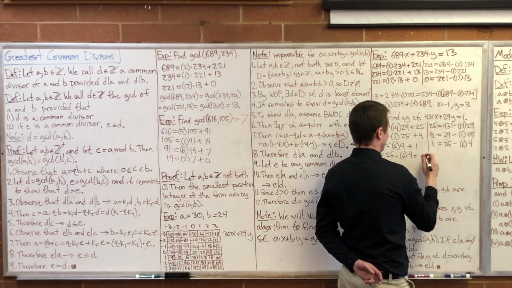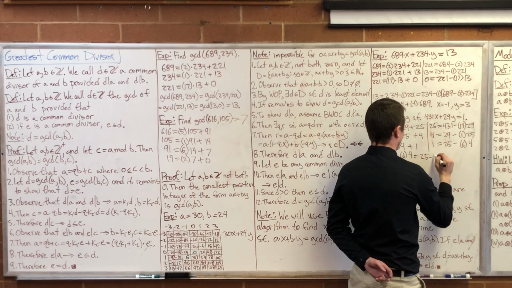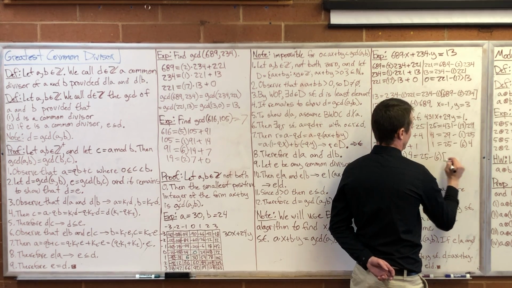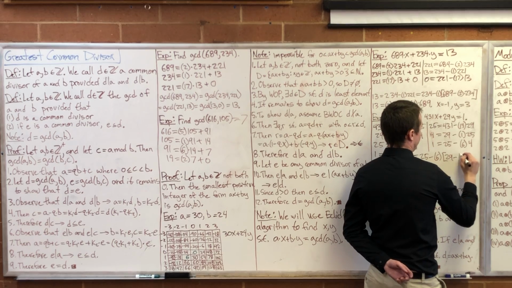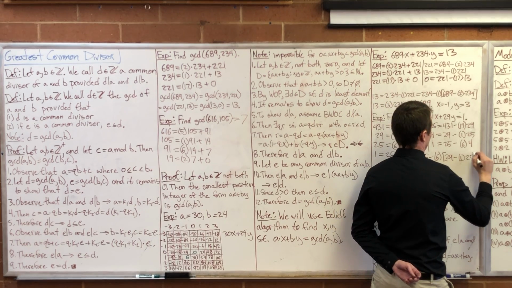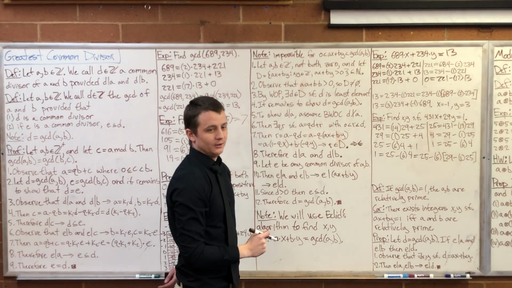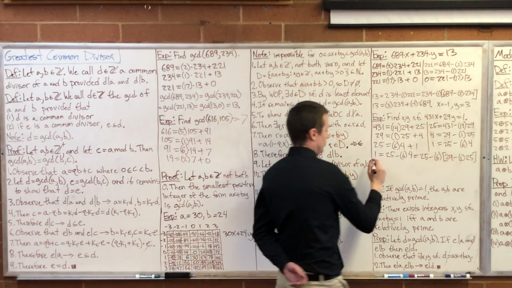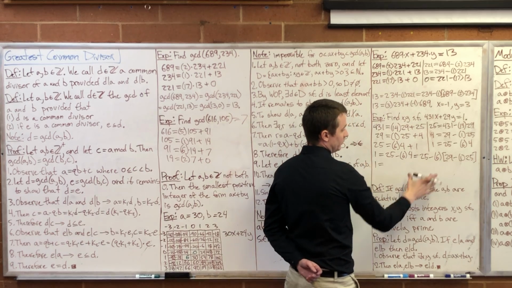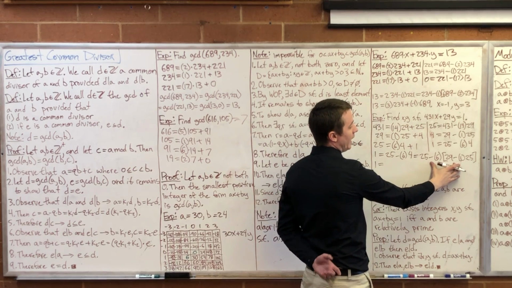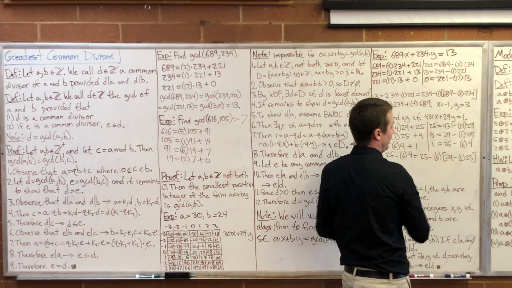So this is equal to 25 minus 6 times 4. Alright, now we'll simplify this expression, and now we're going to express it in terms of 25s and 29s.